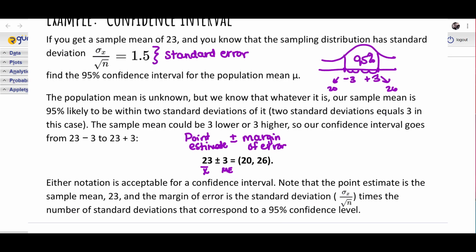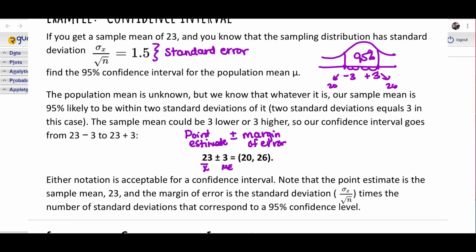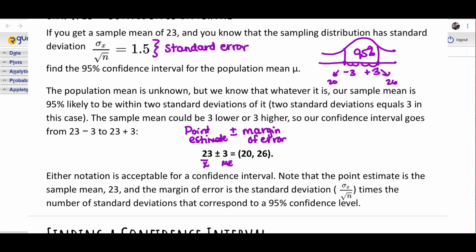So we would say that we are 95% confident that the true mean falls between 20 and 26. Notice that I have two notations here for that. I've got the 23 plus or minus 3. That's one way to write the confidence interval. The other way is to write it in parentheses with the lower and the upper boundary separated by a comma.